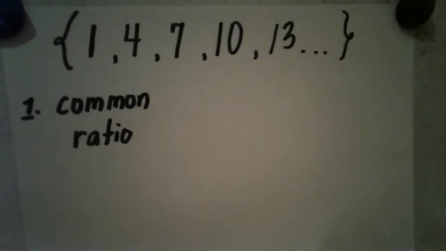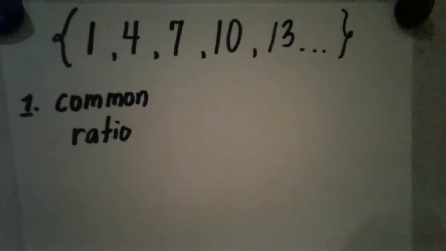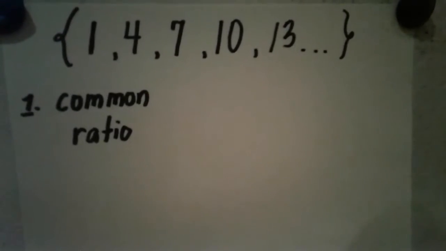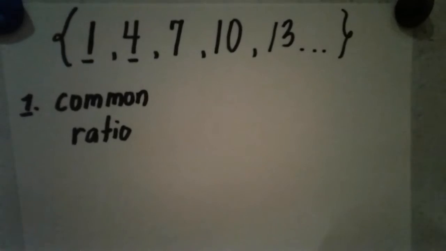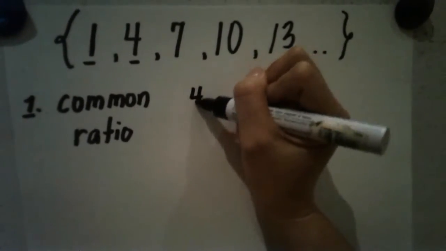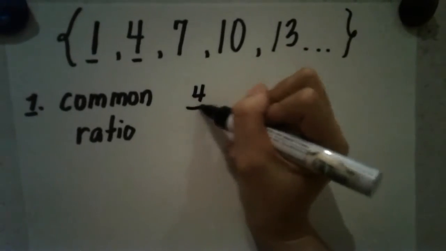And to get a common ratio, we need to take a term and divide it by the term that comes before it. So let's take a look at our first two terms in the sequence, and that is 1 and 4. To find the ratio of these two terms, we need to take 4 and divide it by the term that comes before it, and that is 1.